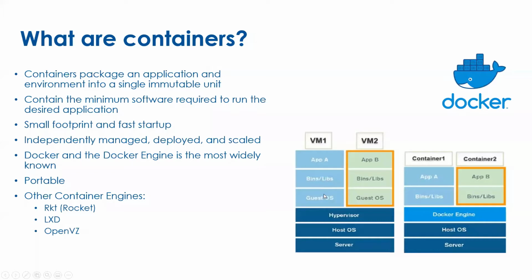So there's a lot of overhead to run the guest OS if it's just needed to run some small application. Whereas a container just has the binaries and libraries needed to run that application, and then runs on a Docker engine that sits on top of the host OS and then physical hardware. That's the differentiator between a full virtual machine and the containerization of a platform or an application.